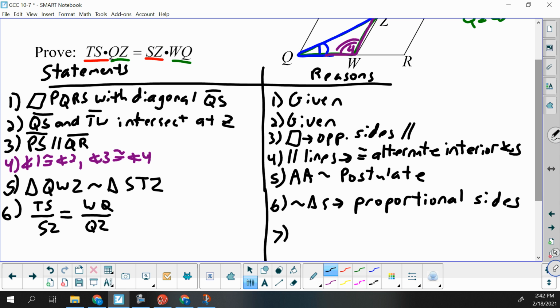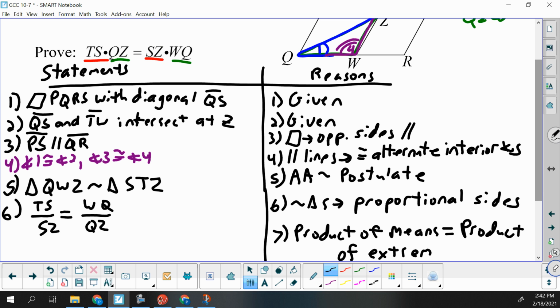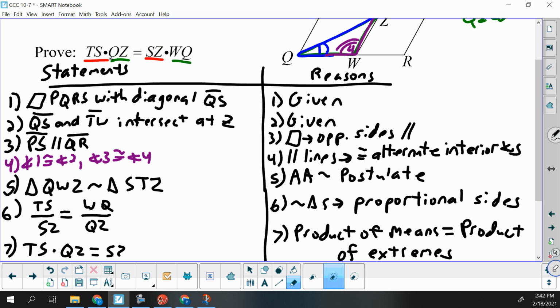And to finish it off, we'll do our product of means equals product of extremes. And our statement is just what we wanted to prove. That TS times QZ is equal to SZ times WQ.